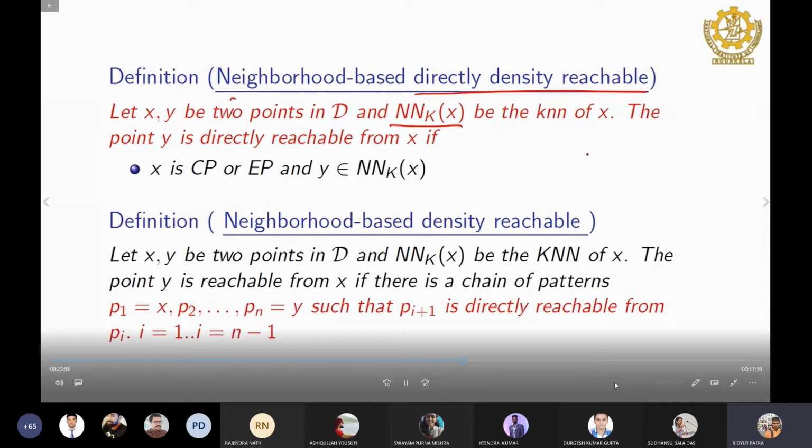In the earlier example, let's say kNN of a was b, d and x. So by the definition of directly density reachable, from a all the other points are directly density reachable, the points which are included within the kNN of a point.